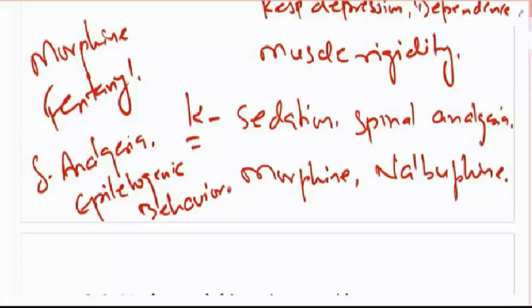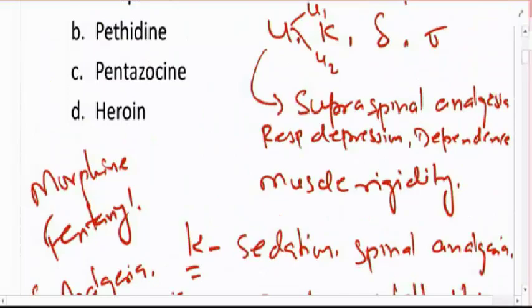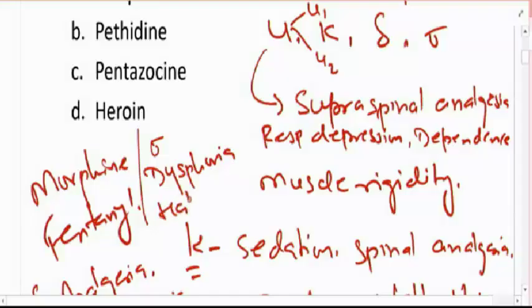And then the last is the sigma receptors. The sigma receptors basically mediate dysphoria, hallucinations, and respiratory stimulation.